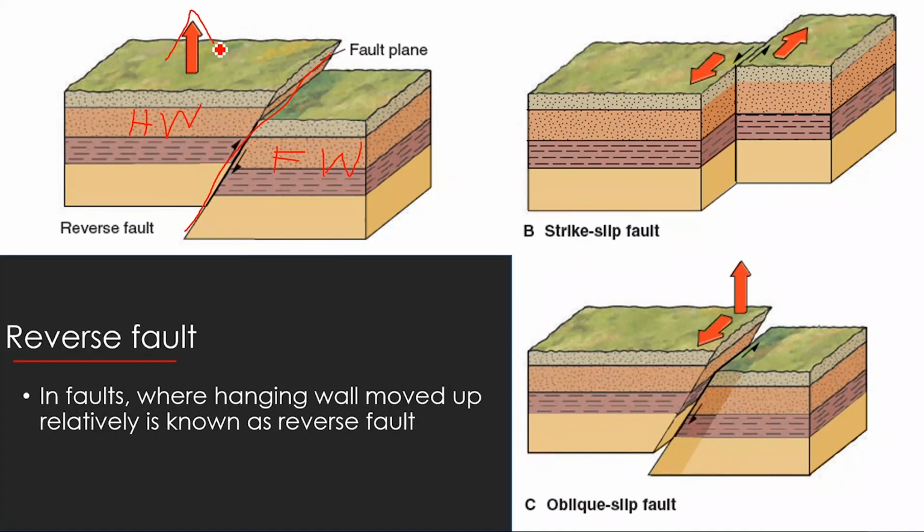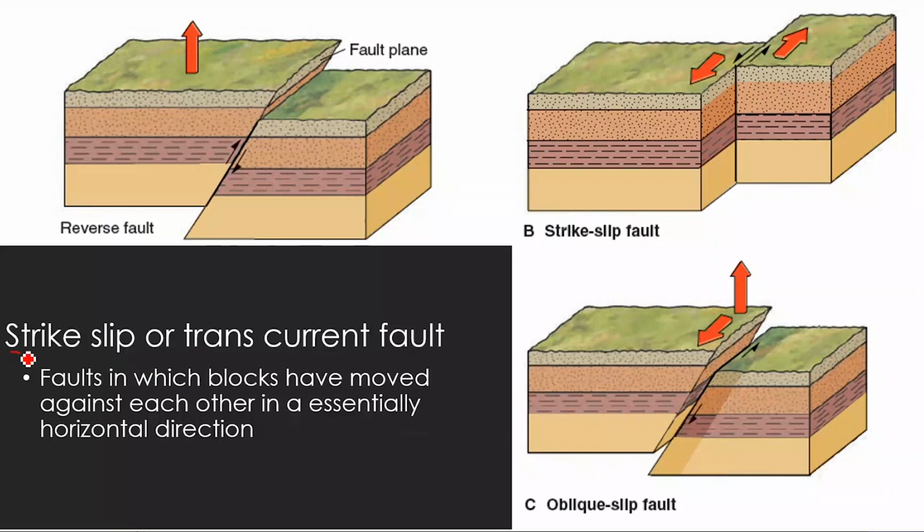The hanging wall moves up. When the hanging wall moves up, the shortening happens. So that fault we call a reverse fault.